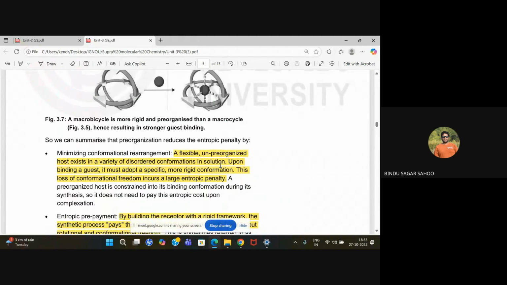So if the initial host molecule is more pre-organized, the entropy cost will be less. If the pre-organized nature of the initial host is very small, then you will observe a larger entropy penalty.